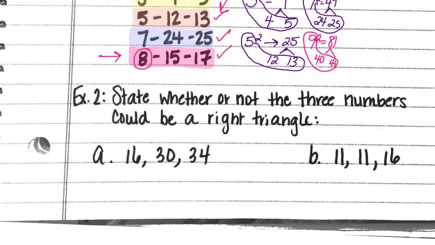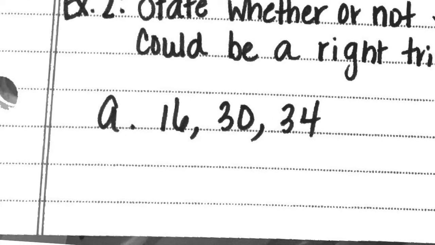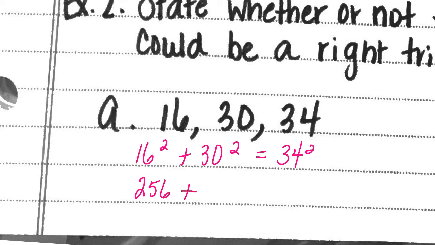All right, the next two questions are stating whether or not the three numbers could be a right triangle. So let's go ahead and look at letter A first. We're going to put these into the Pythagorean Theorem. So we're going to do 16 squared plus 30 squared. Is that equal to 34 squared? 16 squared is 256. 30 squared is 900.